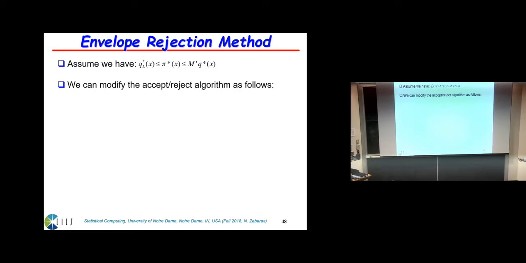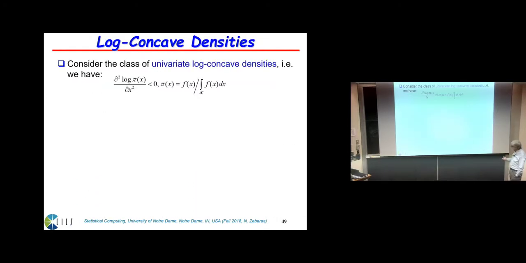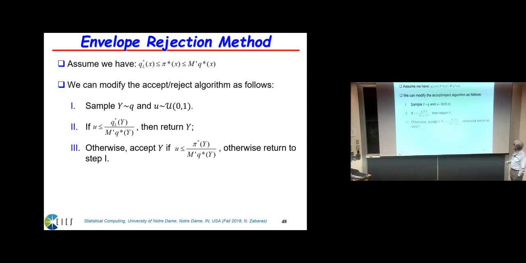L means from below, right? And somewhere here I'm going to put an upper bound, okay? So let's say that we can bound from below with QL star and from above exactly as what we had before. So here is an algorithm that I want you to look at and tell me if you have any problem with it.